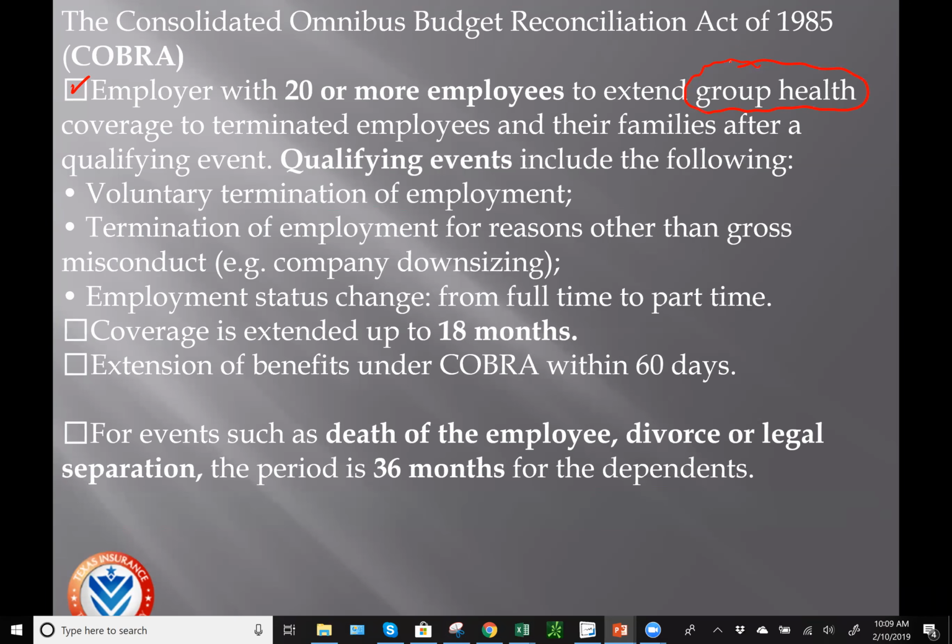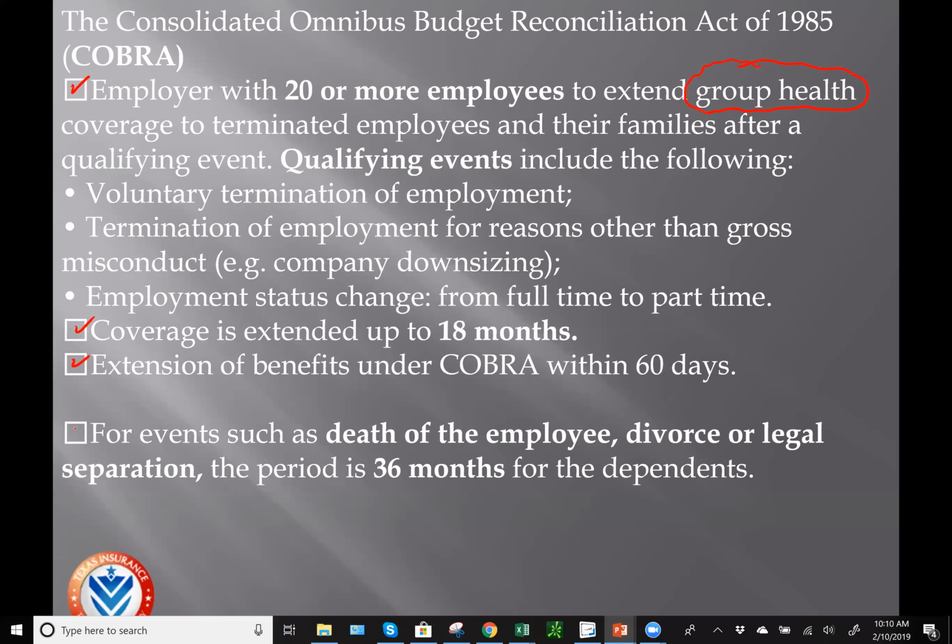Qualifying events under COBRA are voluntary or involuntary termination of employment for reasons other than gross misconduct, such as company downsizing, or employment status change from full-time to part-time. So those are the qualifying events under COBRA. For any of these qualifying events, the employee has 60 days to exercise their extension to COBRA, and then it must provide coverage for up to 18 months.